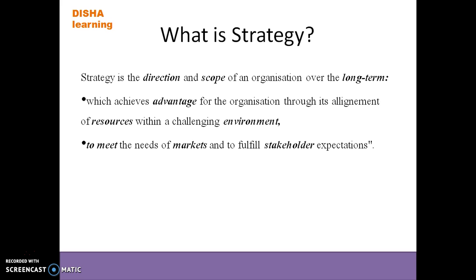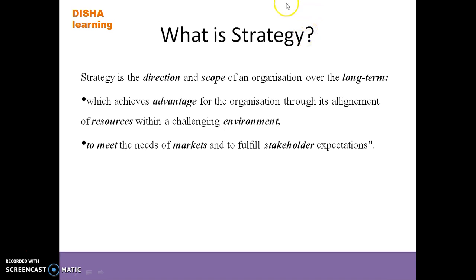Now, when you create strategy, some things that you have to understand is that strategy does not ensure success. Strategy is not a way to dominate the environment. And strategy is certainly something that should not be kept rigid. It should be free-flowing, moving. You have to evolve your strategy. So what does a strategy do?